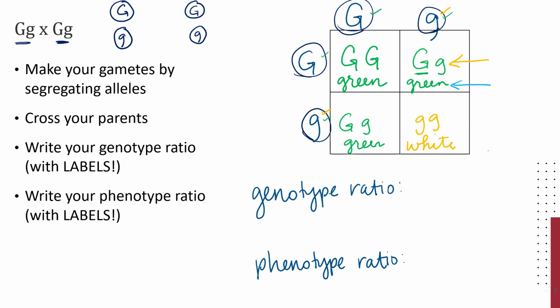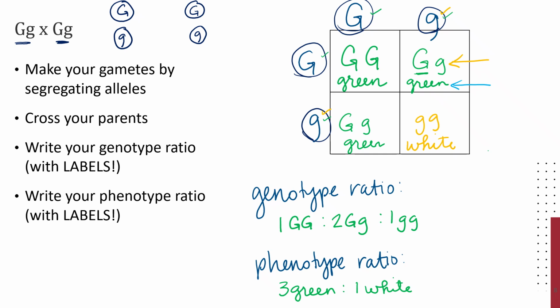So our genotype ratio for these individuals is going to be, for every one homozygous dominant, we have 2 heterozygous individuals and 1 homozygous recessive. We're going to do the same thing for the phenotype ratio. For every 3 green individuals, we're going to have 1 white individual.